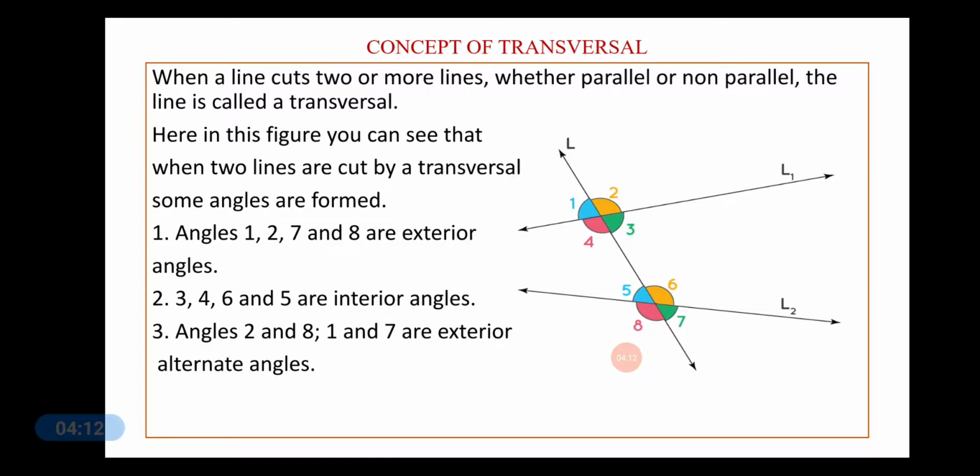But they are forming on the opposite sides of this transversal L. Angle 2 is formed on the right side, whereas angle 8 is formed on the left side of this line L. So angle 2 and 8, they are exterior alternate angles, whereas angle 1 and 7, they are also known as exterior alternate angles, since angle 1 and 7 are also formed on the opposite sides of the transversal L. So you get two pairs of exterior alternate angles, angle 2 and 8 and angles 1 and 7.